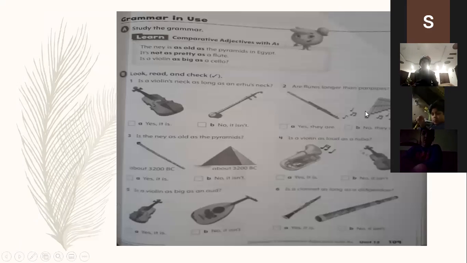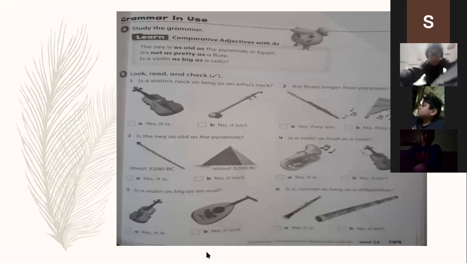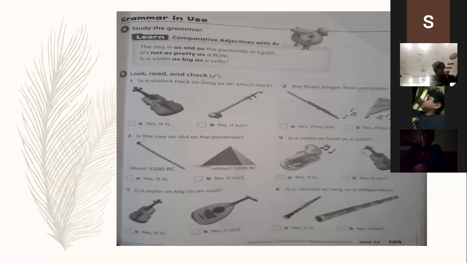Okay, everybody come to page number 109 of your workbook. Get your pencils ready, all of you, especially 3D students, because you haven't done this work.